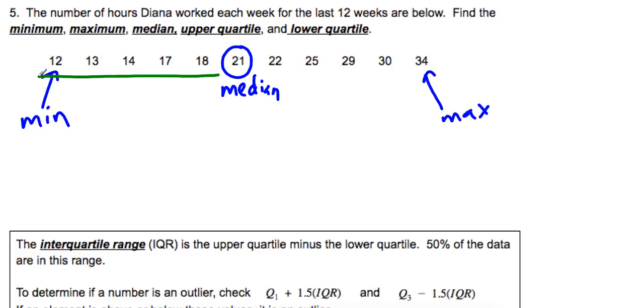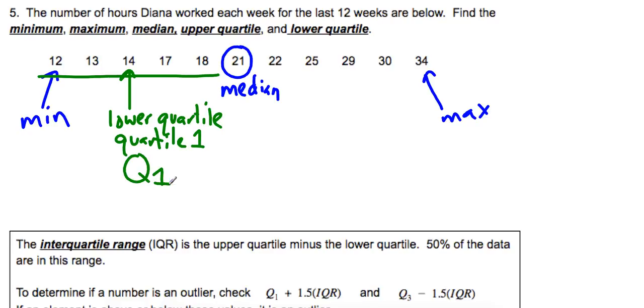We find the median of those numbers. There's only 5 of them. The median of the lower half we call the lower quartile, or quartile 1. We shorten that because it's too long to write: Q1.